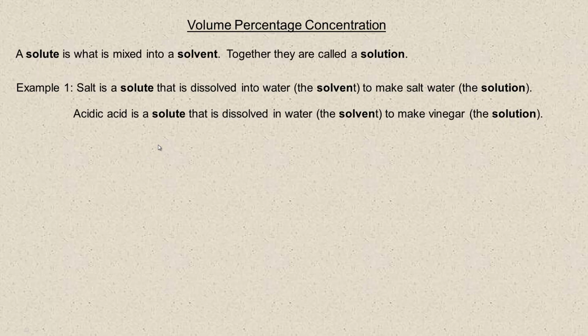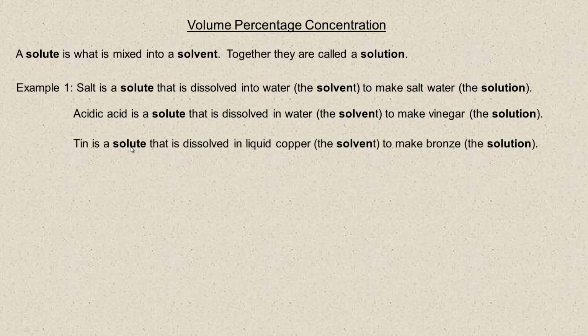And here's one more. They don't always have to be liquids, although to mix them you need them in a liquid state usually. Tin is a solute. It's a certain kind of metal that if you dissolve it into liquid copper, you'd need to heat the two. The copper would be the solvent to make bronze. When you mix them together, bronze is the solution.